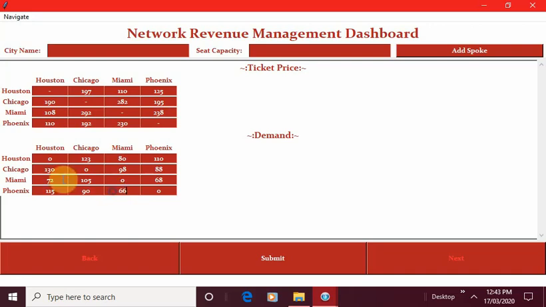There are three inbound routes and three outbound direct routes. The three inbound routes would be Chicago, Miami, and Phoenix.